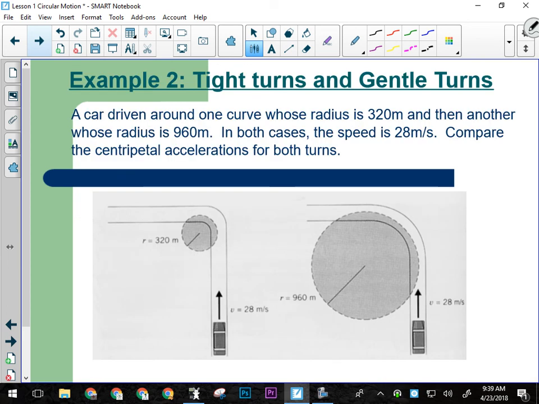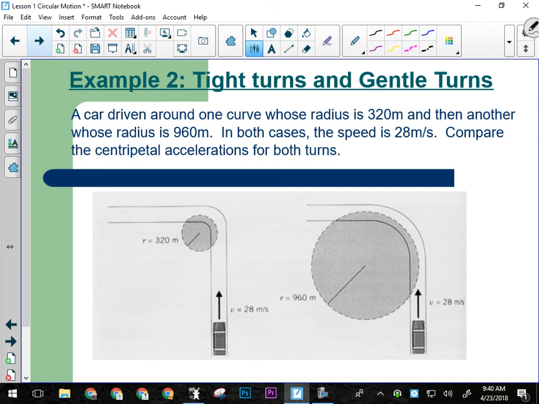Okay, so this is what I was talking about a minute ago. In terms of speed, radius increases speed. If I'm going around on a merry-go-round and I go to the outside, the period is the same, the radius gets bigger, and I go faster. But in terms of acceleration, it's inverse. So if I take this small corner that only has a radius of 320 meters at 28 meters per second, the occupants of my vehicle are going to be thrown into the windows, hanging on for dear life.